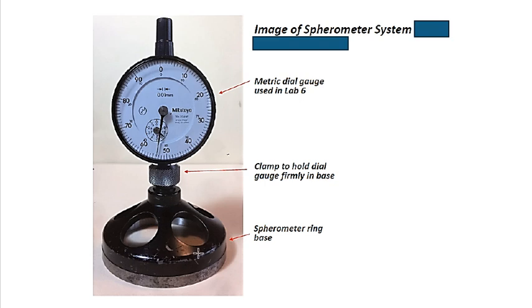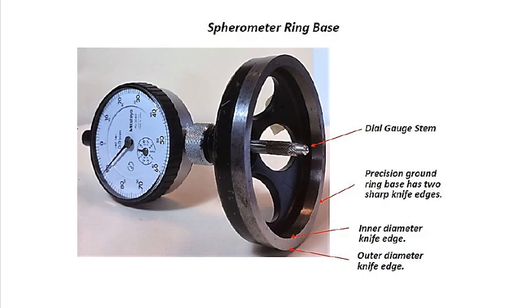It is necessary because you will have to support this dial gauge, and the sphere that you want to measure is going to be right under this base ring. Now we're going to tilt it so you can see under the base. So now we have this dial gauge stem coming straight into that base, and this is your base right here.